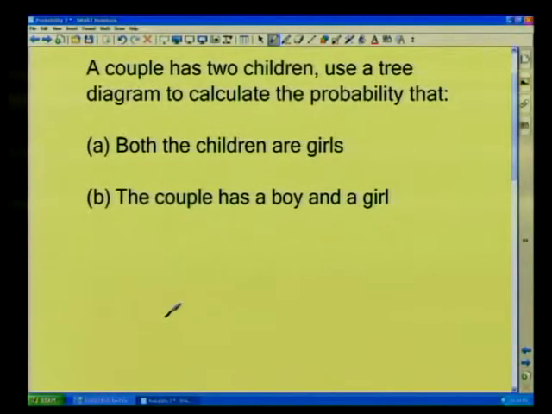What are we going to do first? We need to decide what our different options are. Now, if I have a child, the options are either they're going to be a boy or a girl. So my first child is either going to be a boy or a girl.